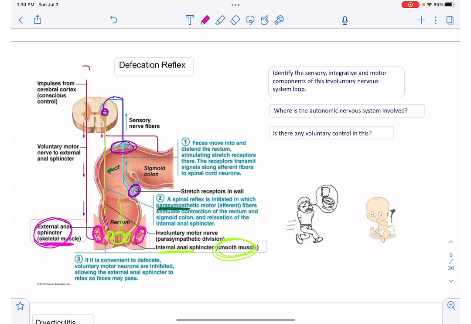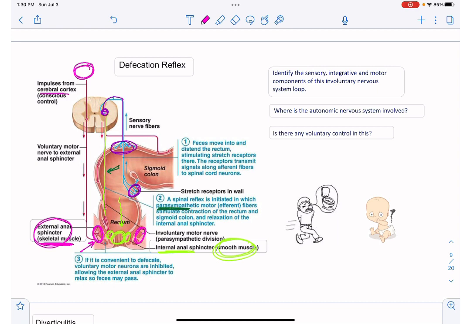So we can send impulses from our brain, from the cerebral cortex, which travel down these motor neurons and cause contraction of the external anal sphincter. And basically what you're doing here is you're puckering your bunghole. There's no other better way to put that. And that closes off the anus and gives you a little bit of control, buys you a little bit of time for when defecation is convenient and you can consciously relax that external anal sphincter.